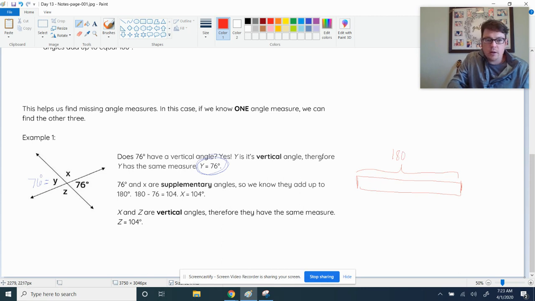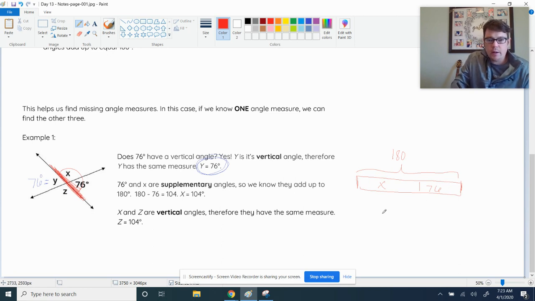And the one that they're talking about here is 76 and X. So I'm going to draw it right here, 76 and X. This is their straight angle right here. Okay, straight line. This angle right here plus this angle right here makes 180, looks like a protractor, doesn't it? Okay, so we know that X, whatever its value turns out to be, plus 76 equals the 180.